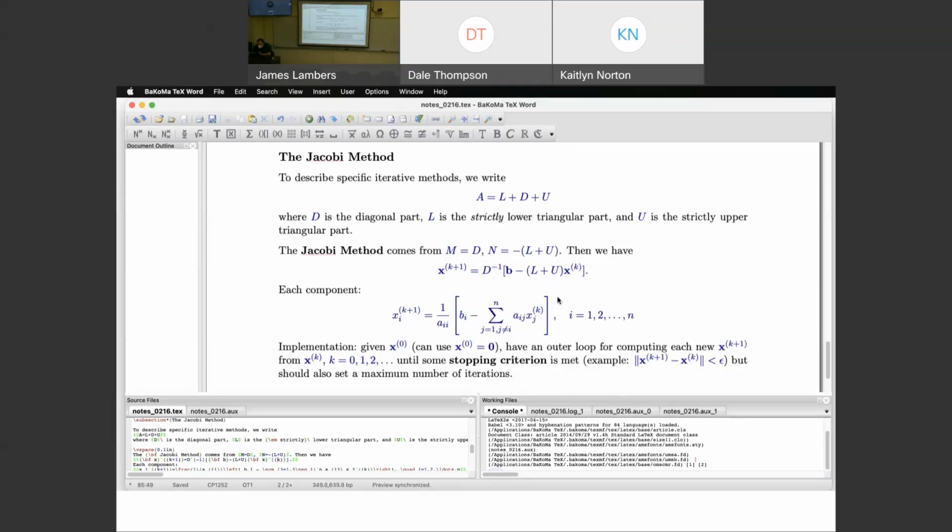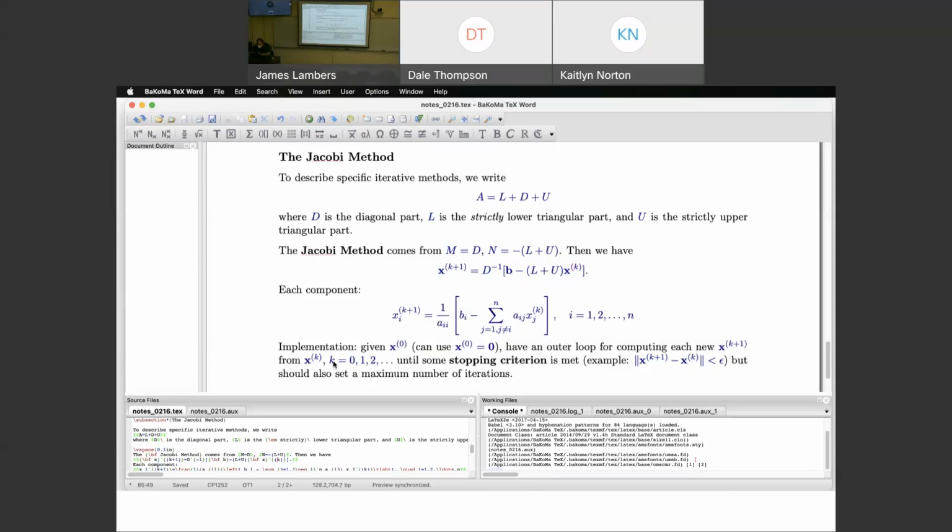All right. So once you have an initial guess, and an initial guess can always just be x equals 0, unless you have some knowledge about the problem that gives you some approximate solution, you can have an inner loop that computes each component. The outer loop is for managing the iterations.